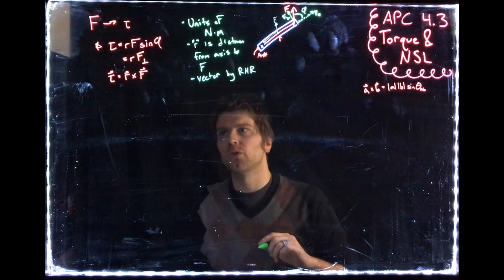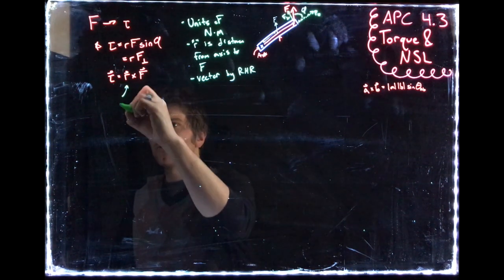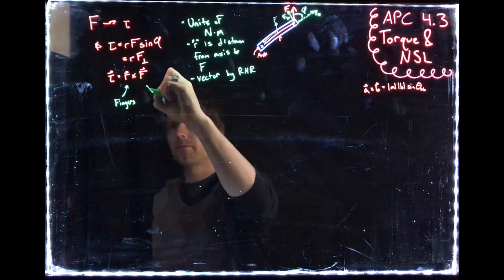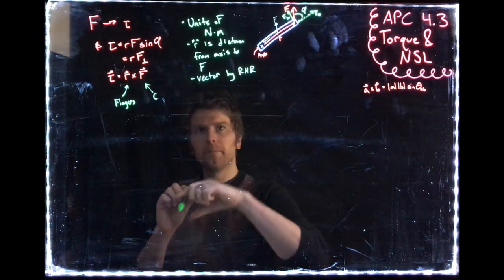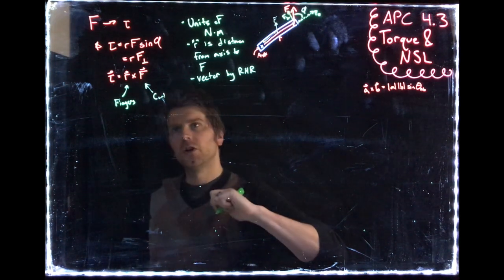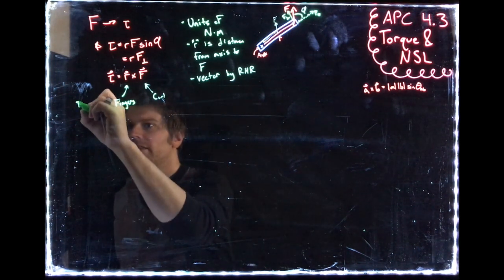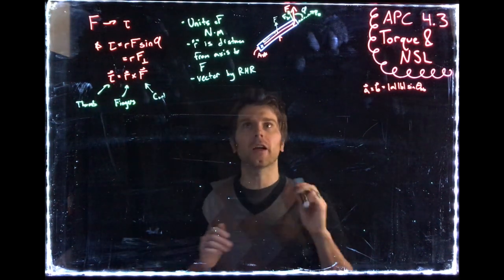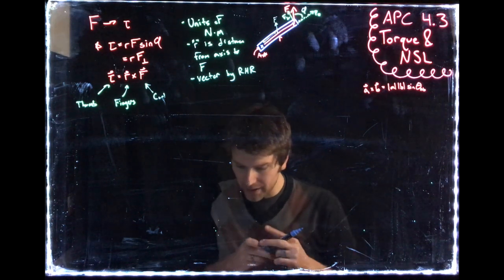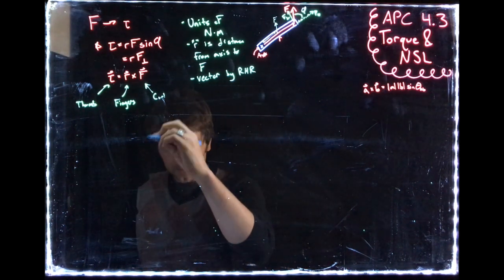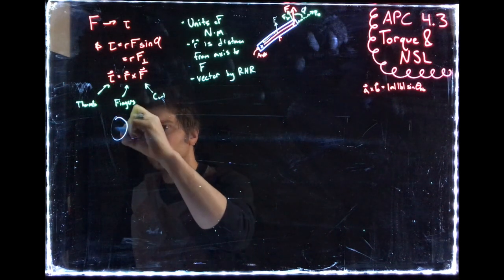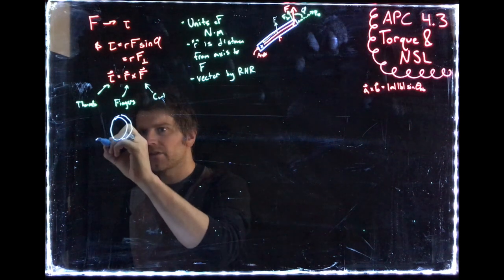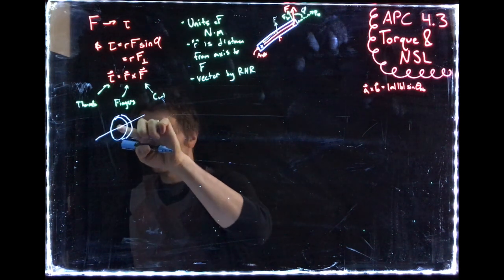And the way you use your right-hand rule in this case is you put your four fingers in the direction of the first vector. You curl them towards the second vector, and your thumb gives you the direction of the cross product. As an example of this, let's take a look at a little wheel here, and let's say we've got its axis running through it this way.